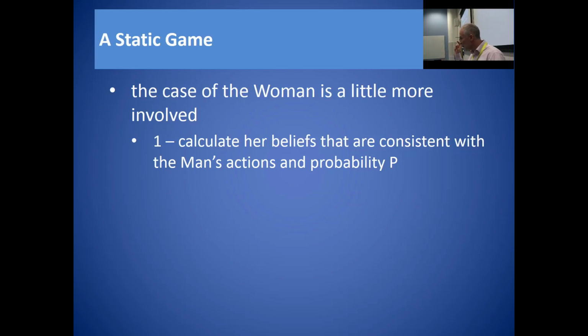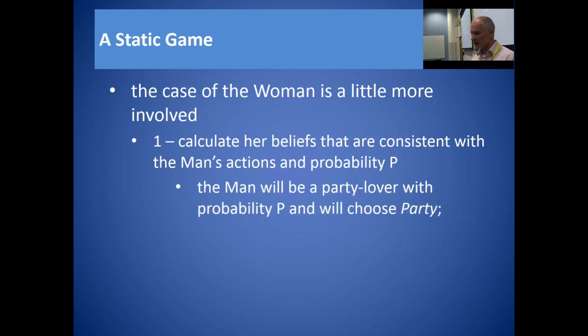Not only consistent with that though, but also consistent with that probability P, the likelihood that the man actually will be a party lover. So we need to set her beliefs up to be consistent with those facts: what the man will do, and also what she believes that crucial probability to be. So that's the first thing that we need to do.